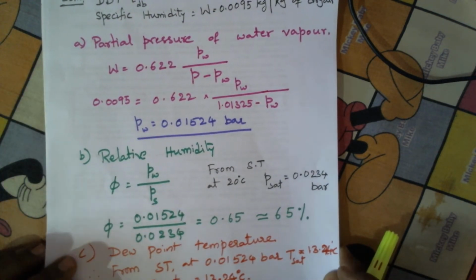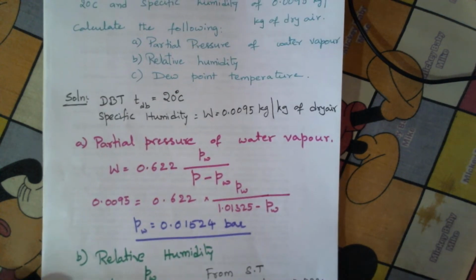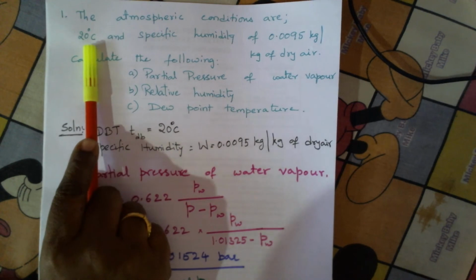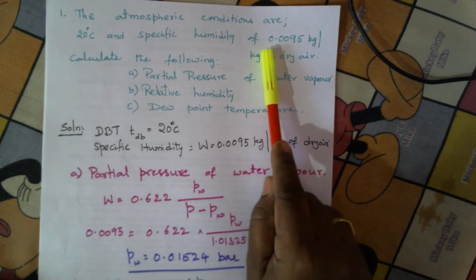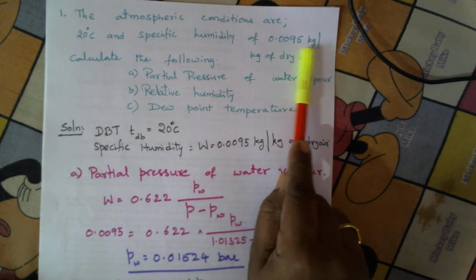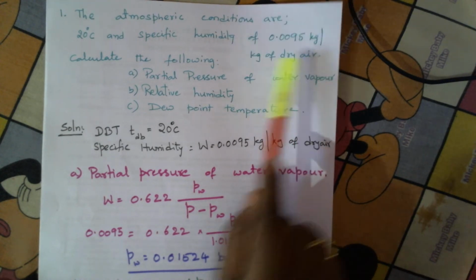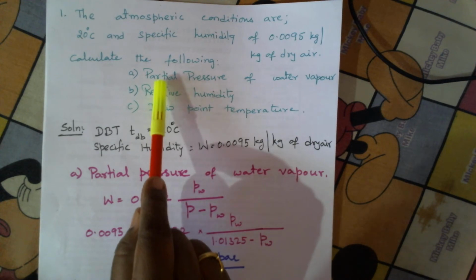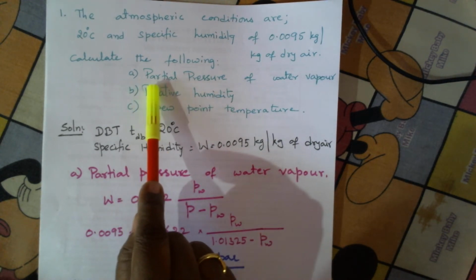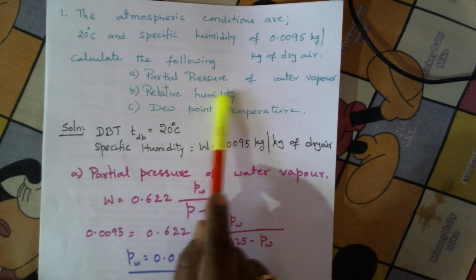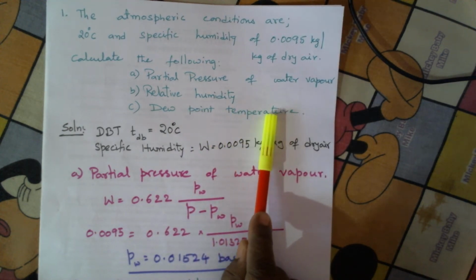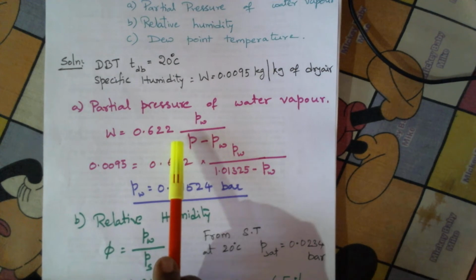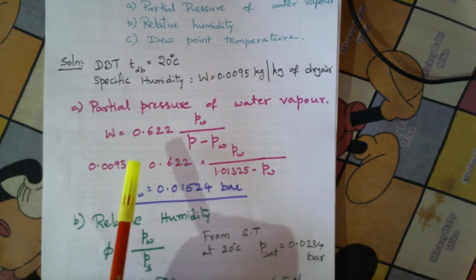Let us see this once again. I will repeat the explanation. In the problem, the data given is 20 degrees centigrade as the temperature, and specific humidity is 0.0095 kg per kg of dry air. With these two details given, you are required to calculate three points: partial pressure of water vapor, relative humidity, dew point temperature. For calculation of partial pressure of water vapor, the formula involved is the specific humidity formula.